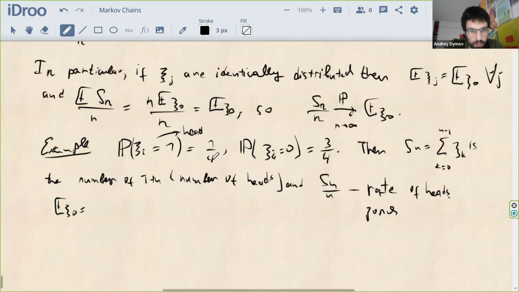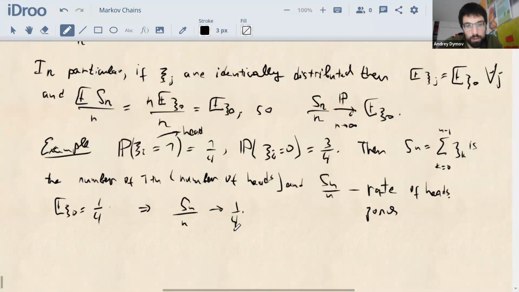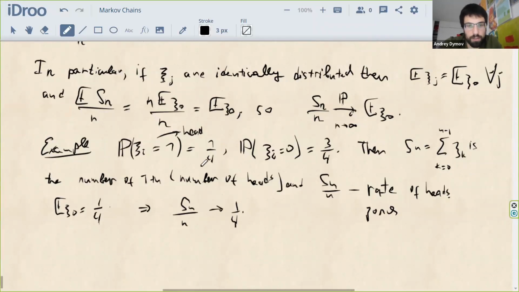Okay, so our statement says that the expectation of psi 0 is just 1/4, right? So we get that the rate of heads just converges to 1/4. So if I had here 1/2 and 1/2, so the coin is just a usual coin, then I would have that the rate of heads asymptotically is the same as the rate of tails, which is not surprising, right?